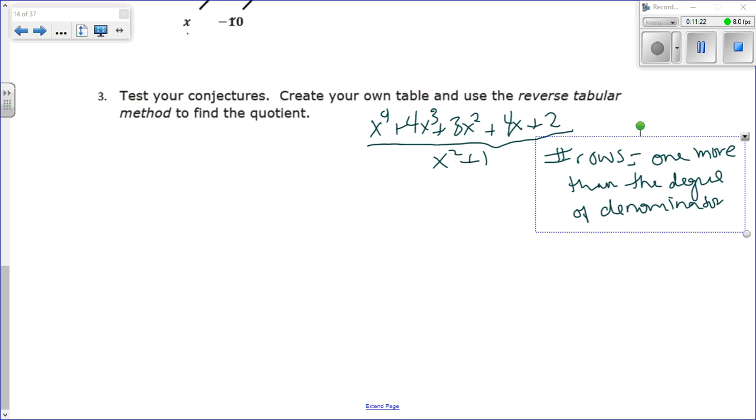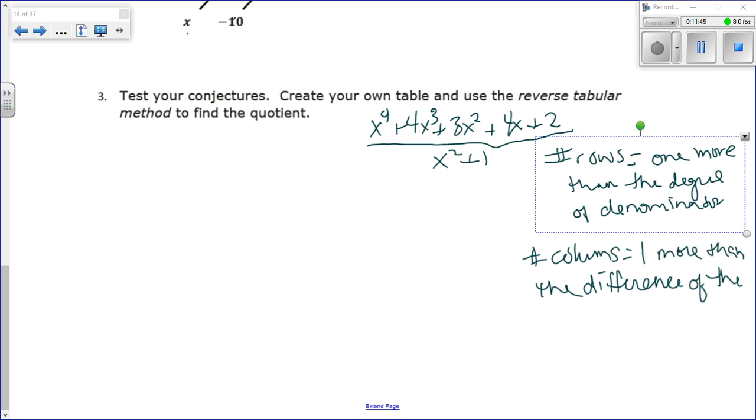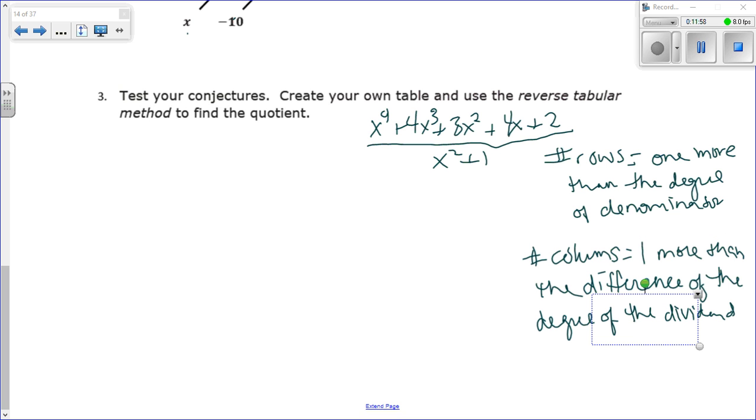The number of columns is 1 more than the difference of the degree of the dividend and degree of the divisor.